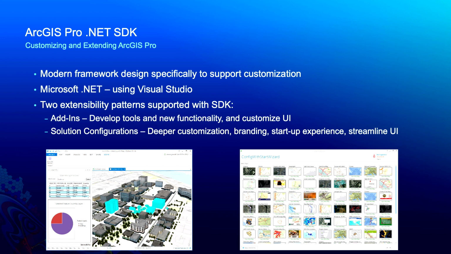And there are really two ways to interact with it. There are add-ins, where you create custom ribbons, custom elements to put onto your ribbon, and custom UI components. Then there are solution configurations. That's really where you take over complete control of the ArcGIS Pro user experience.